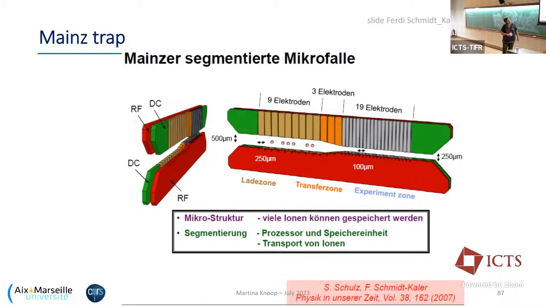Here, 100 micrometers apart, 100 micrometers across, and 250 apart. So this is really a small structure, and these structures are today made like all these microfabricated things. They're made in clean rooms with a mask on a certain chip, and they can be produced in a more or less industrial way.